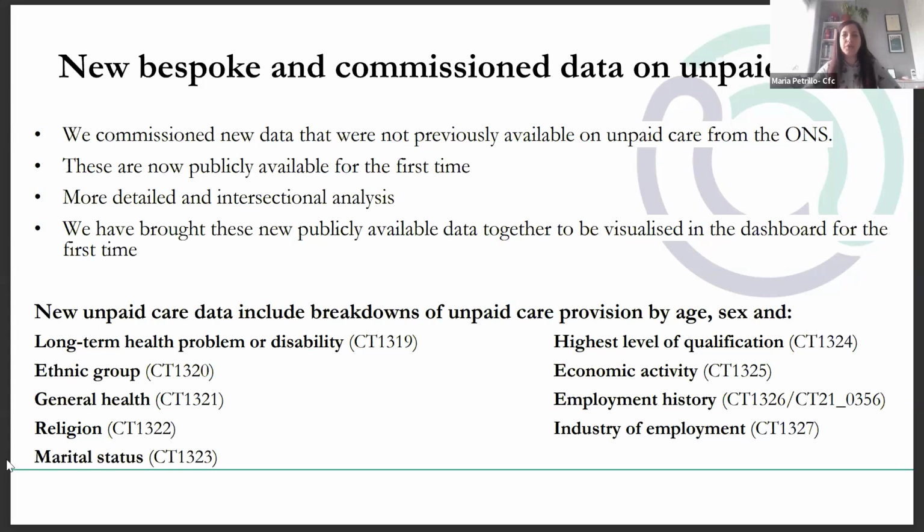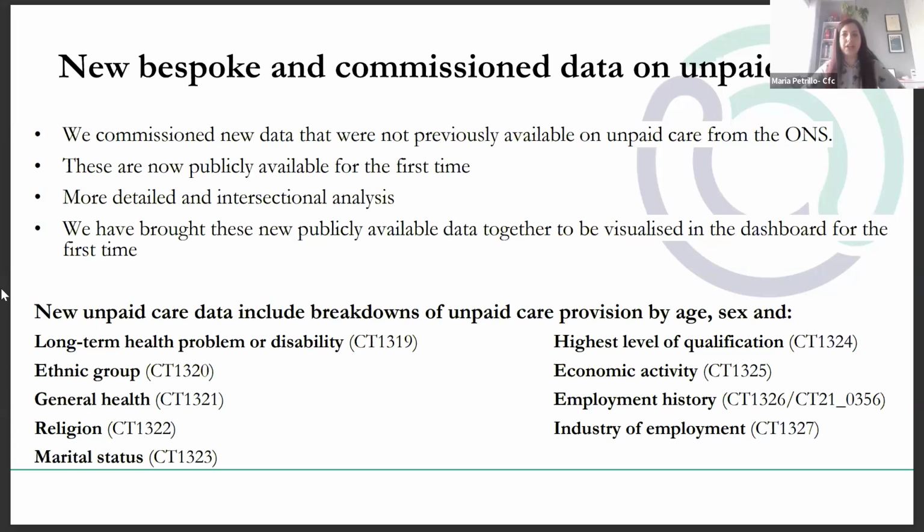For the first time, this new data asset provides a deeper intersectional view, so it takes into consideration all sorts of characteristics of unpaid care across England and Wales over time and geography. Crucially, we brought all of this together in one single place, this interactive dashboard, a tool that is designed not just to showcase the data or to do fancy graphs, but also to help people explore data on unpaid care.